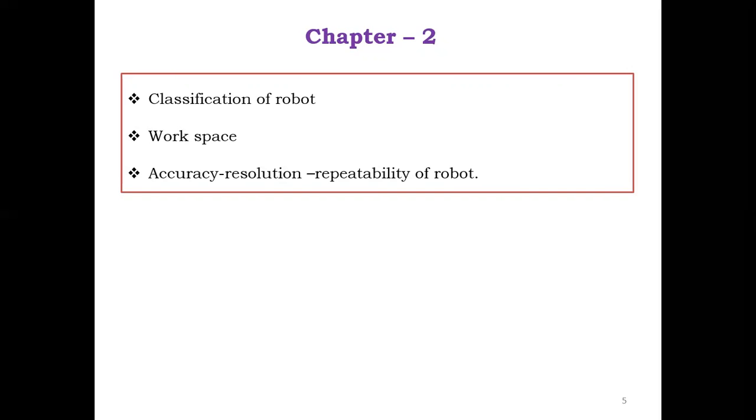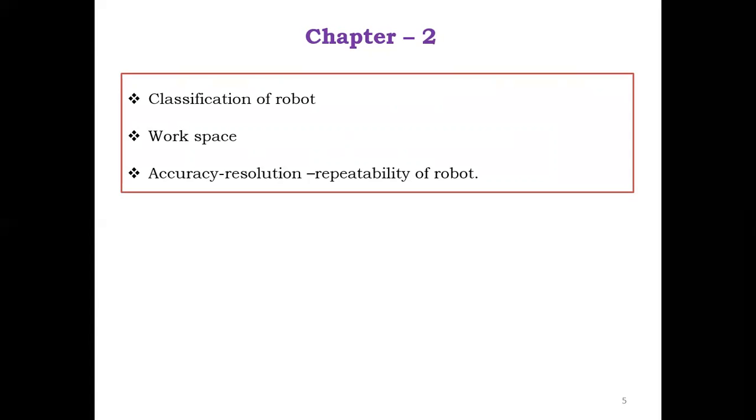In chapter 2, we are going to discuss classification of robots, workspace of robot, then characteristics like accuracy, resolution, and repeatability of a robot.